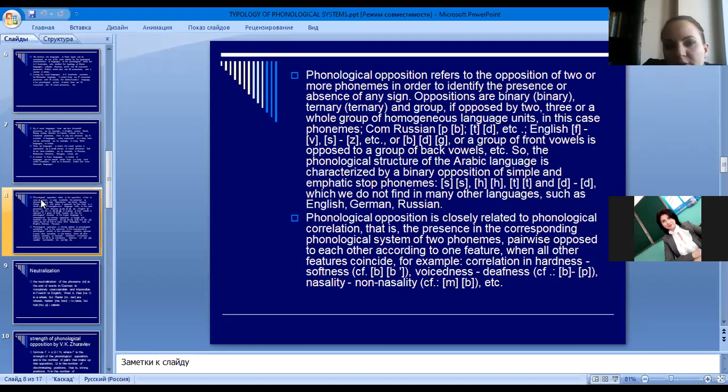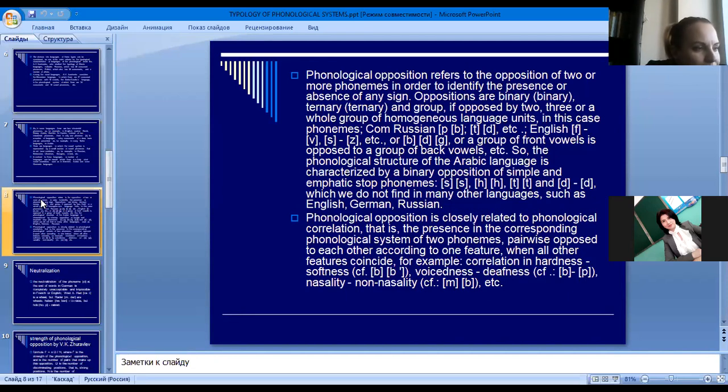In English, the same pair of phonemes f, v, s, z, and so on. Or it may be a tertiary or ternary opposition as b, d, g, or a group of front vowels as opposed to a group of back vowels, and so on.